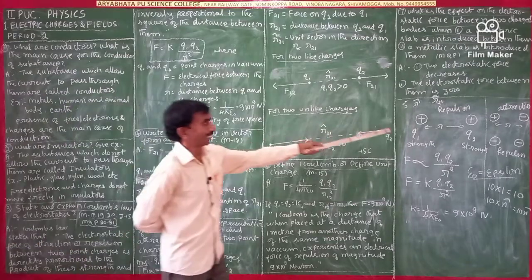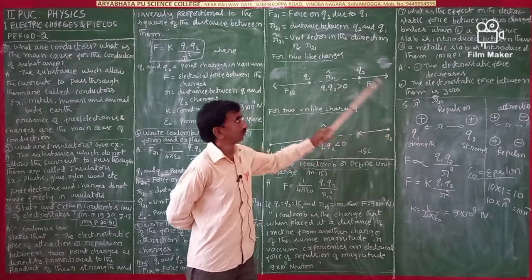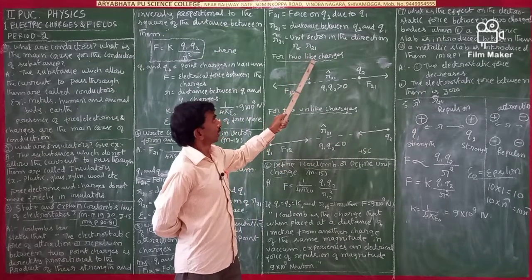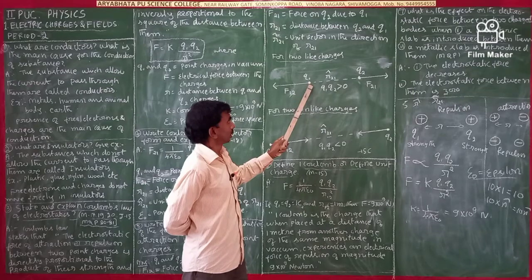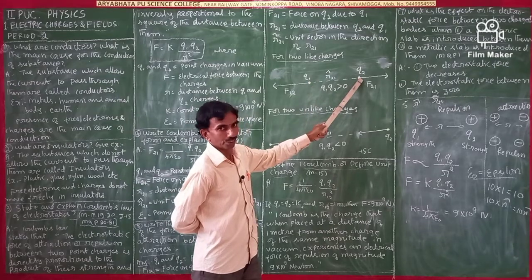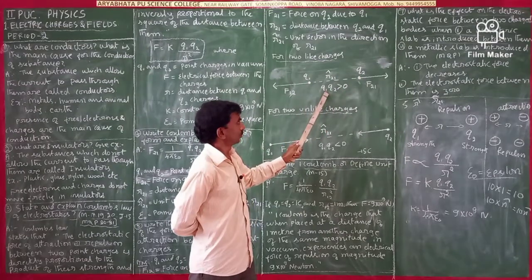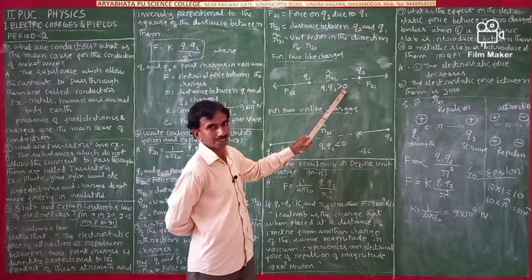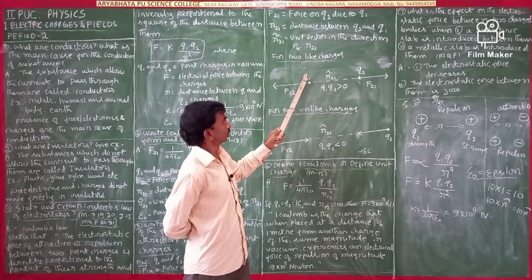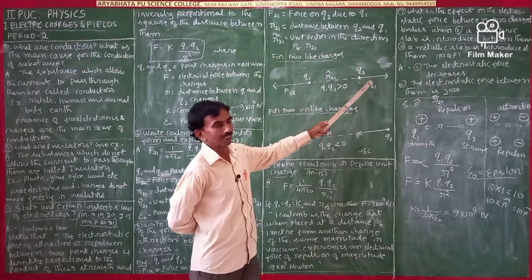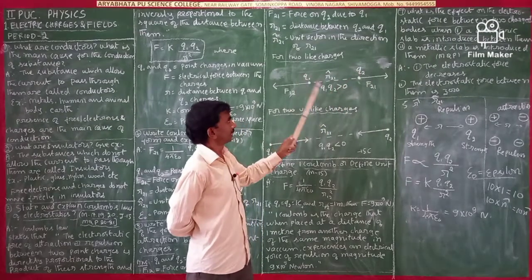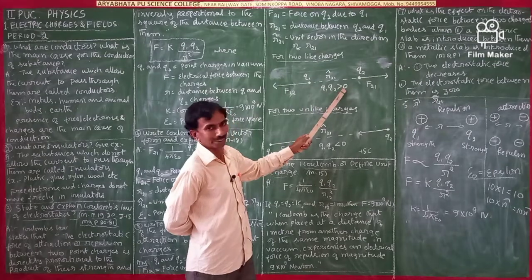I am explaining it here. For 2 charges, Q1 and Q2: Q1 is a plus charge and Q2 is a plus charge. Plus into plus means Q1 Q2 is always greater than 0. If Q1 is minus and Q2 is minus, this is also repulsion, and the product of minus into minus is plus, so Q1 Q2 is always greater than 0.